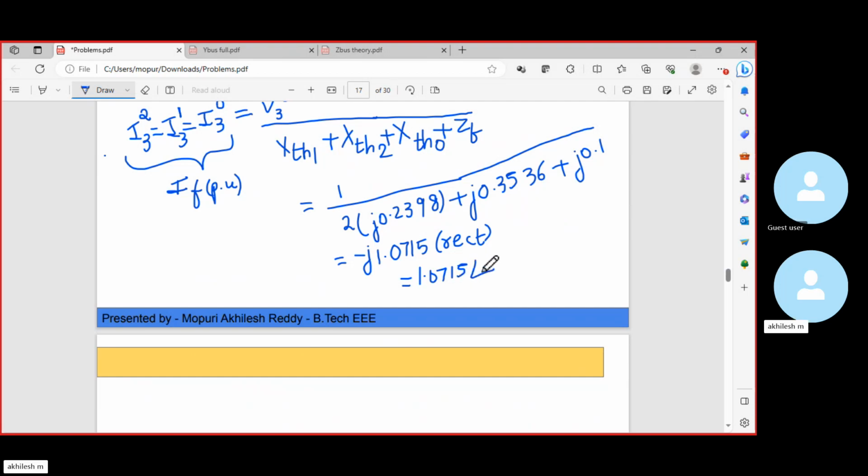Now, what is this? This is actually the fault current for positive sequence, negative sequence, and zero sequence, that is, the sequence components of fault current.